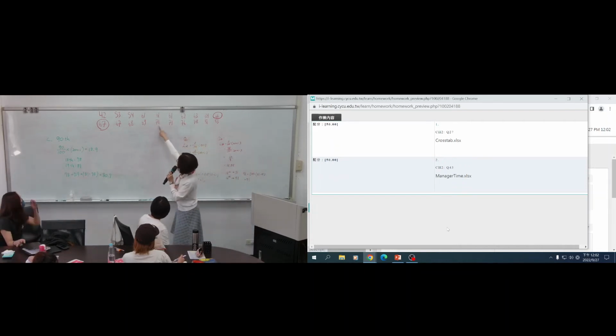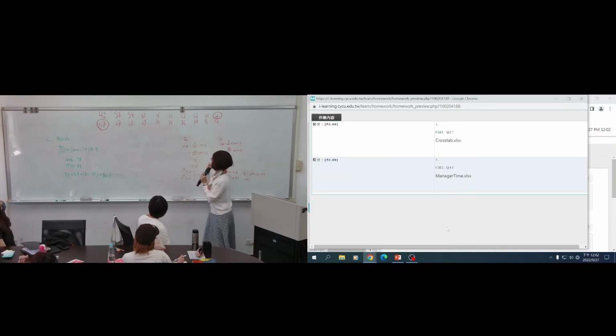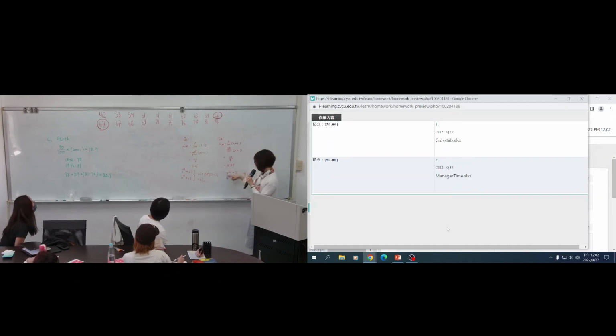The 15th is 71, the 16th is 71. Both are the same. So we find the 15th, 71, and the difference between 71 and 71, multiplied by 0.75. So the third quartile, the 75th percentile, is 71.